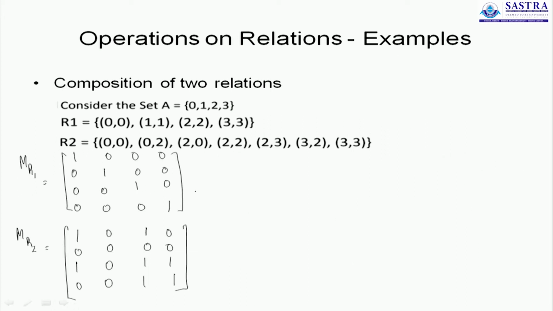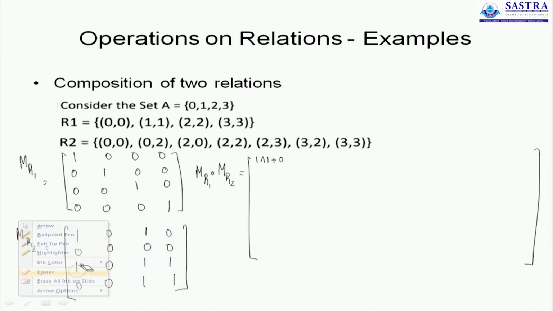So all we need to do is multiply these two matrices. As we multiply any two matrices, the row by column method will help us get the answer. And how do we do this? We multiply them. So it is 1 and 1 plus, let's do it like this.